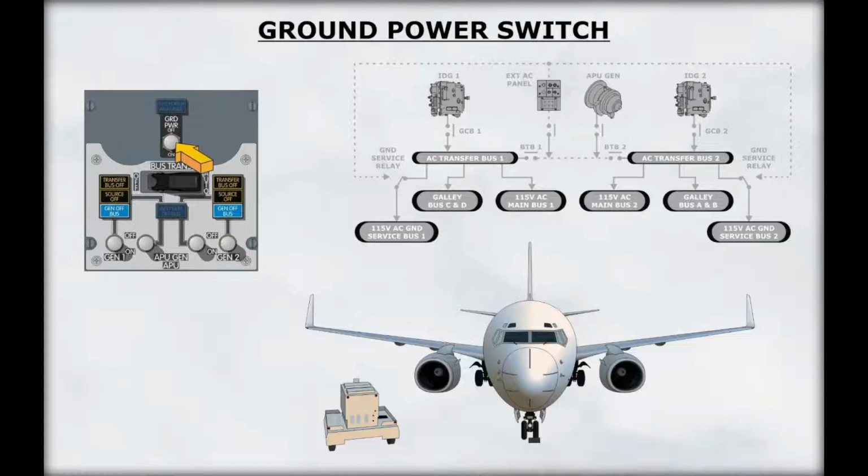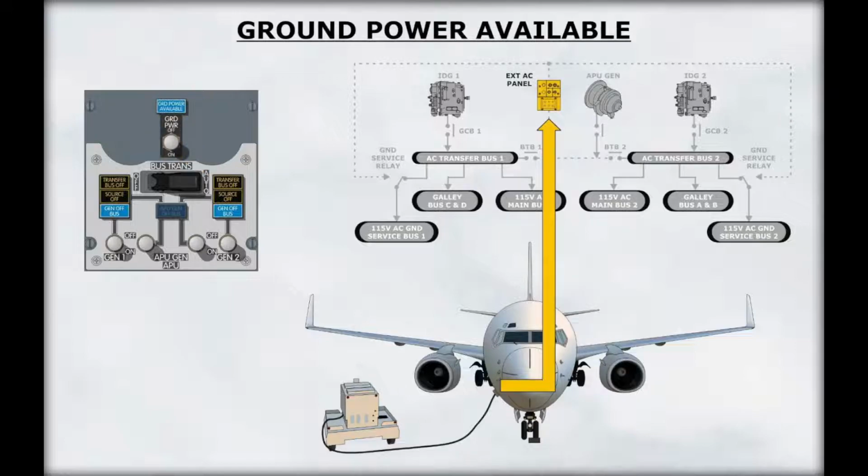It controls the ground power relays and enables the GPU to power the transfer buses if the GPU power is within limits. Illumination of the ground power available light indicates that a GPU is plugged in to the external AC receptacle. The light will only illuminate if the GPU power is within limits. Click on the ground power switch to place it in the on position.